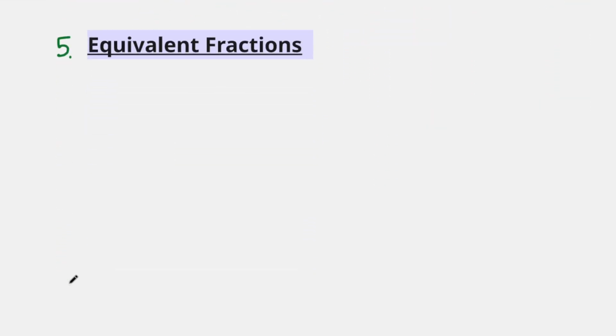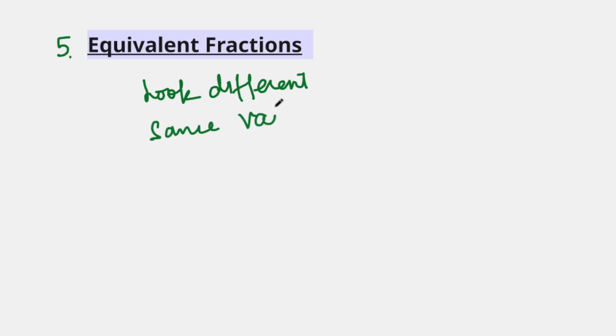Remember this, we are not saying equal fractions, we are saying equivalent. So the secret is in this word itself, because the equivalent fractions look different, but they represent the same value. Now let's understand how.